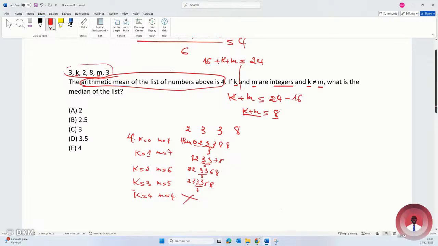So what else can we have? Also if we have negative integers, for example, k is minus 2 and m is 10.